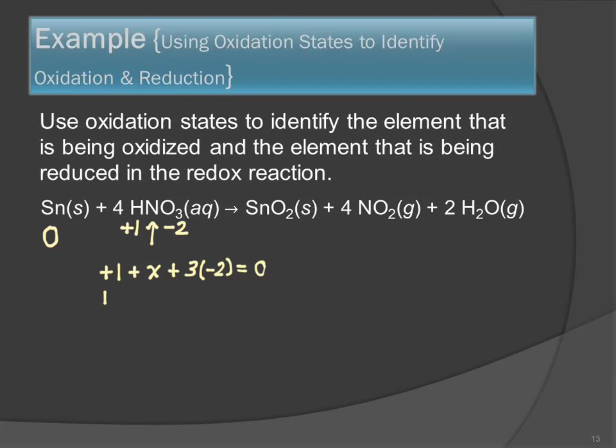So we've got +1 plus X minus 6 equals 0. So X minus 5 equals 0. So X must be +5. So for nitrogen, we've got a +5. Any questions about how I did that?